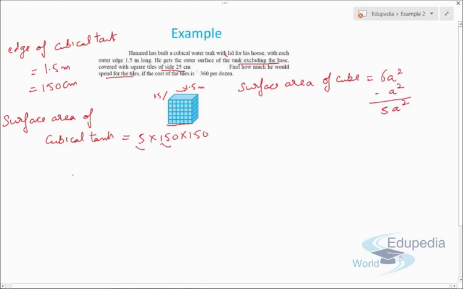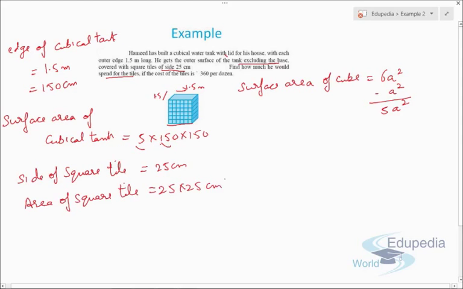We need to find the area of a square tile. So it's given first of all that the side of the square tile is 25 centimeter. So this means the area of the square tile will be 25 times 25 centimeter square, right? Now the next step is we need to find how many tiles are required.